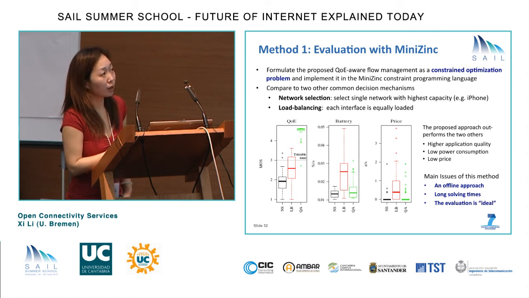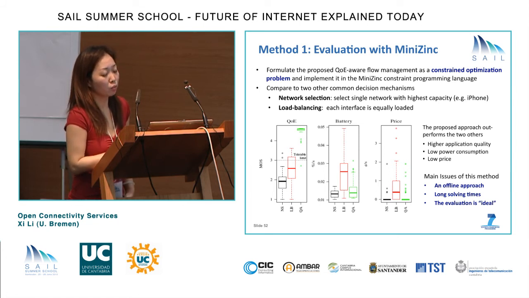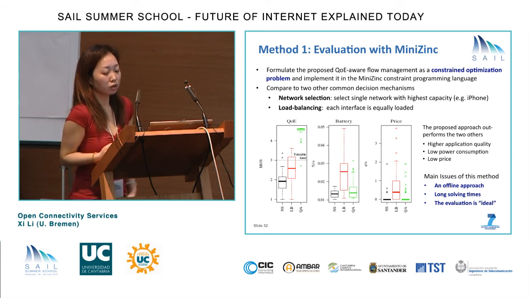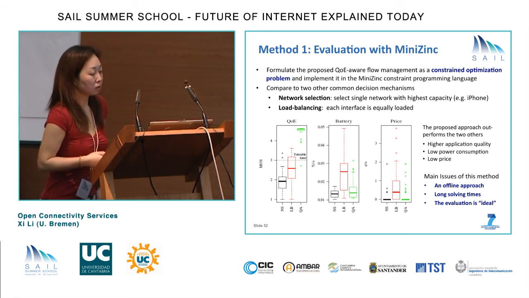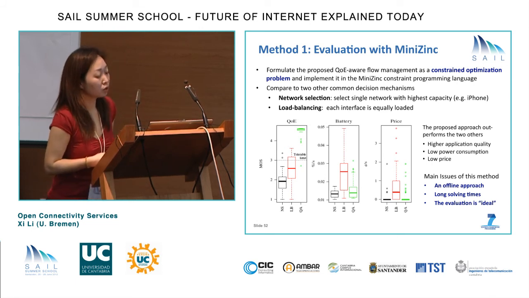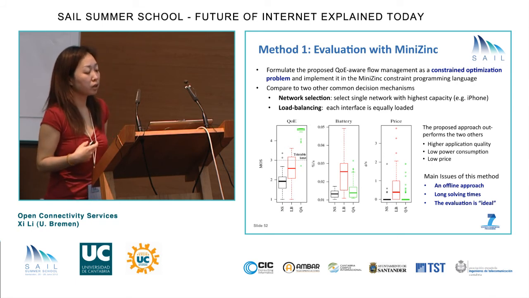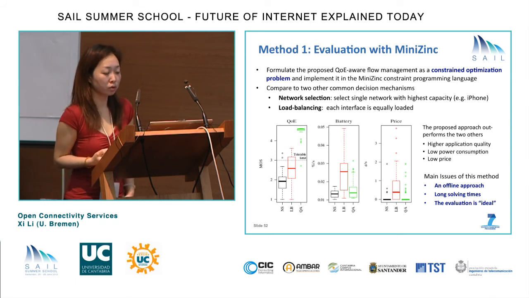We evaluate it by putting the result into the ITU-T-defined quality of experience model, and with that we can calculate the estimated quality of experience, the consumed power, and the network cost. I will skip the implementation detail, but just show you the gain of using our proposed flow management approach.